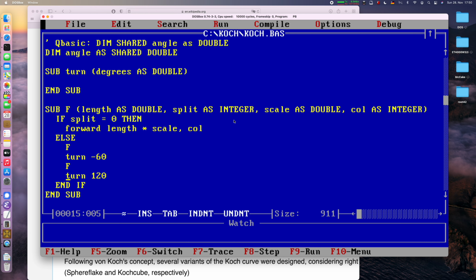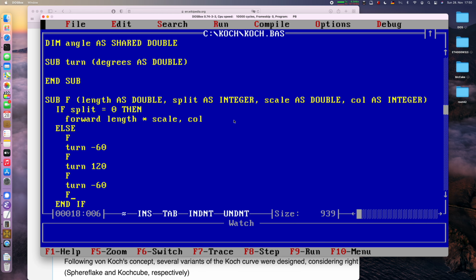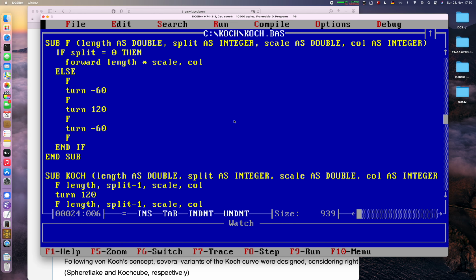Okay, should probably write that in different lines. Doing f, turning by minus 60, and then calling f again. And that's the whole thing. And of course, we need to copy the parameters again. We could make all that global, but that would be pretty nasty, so I'm not going to do that.